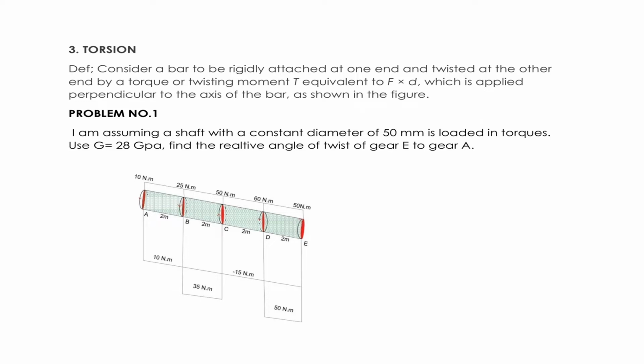So let's move to lesson number 3, which is torsion. Torsion considers a bar rigidly attached at one end and twisted at the other end by a turning or twisting moment T, equivalent to force times distance, which is applied perpendicular to the axis of the bar, as we can see here in the figure.